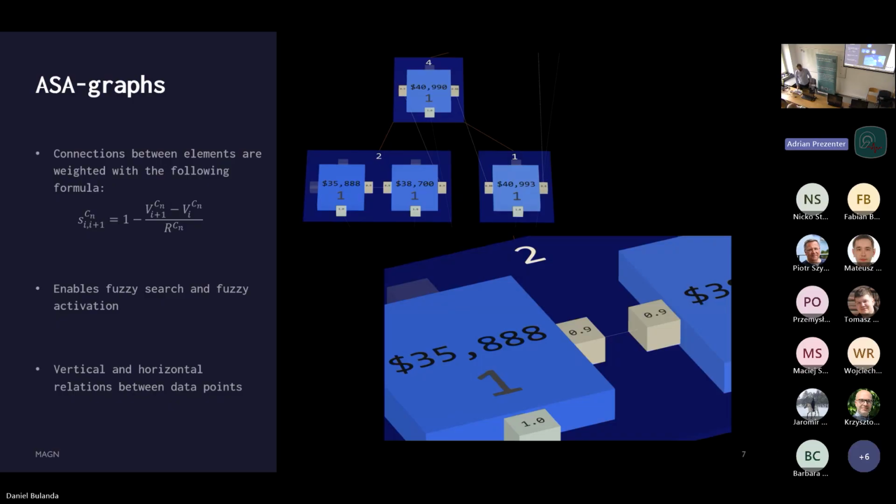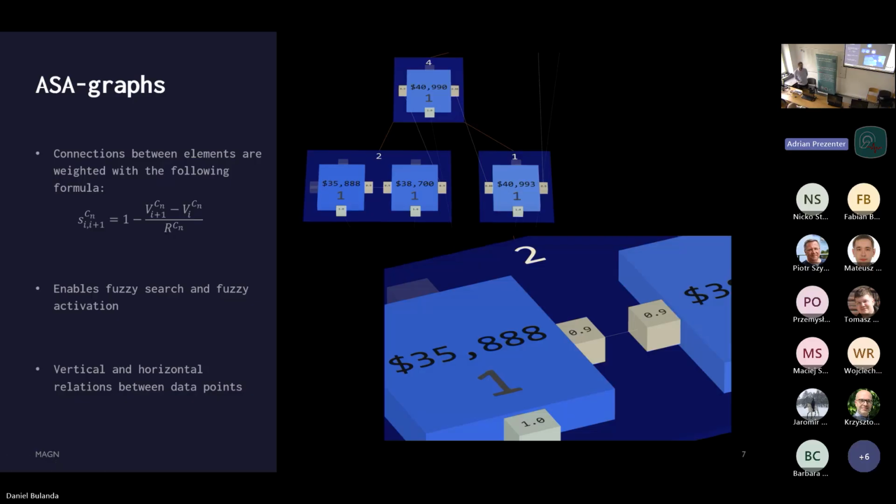So here we can see some other visualizations in three-dimensional space. It's a longer visualization, not feature space, of course, where you can see that each sensory neuron here is connected with another with some weight, which is a sort of similarity weight between them. And what is important, this enables vertical connection between data.